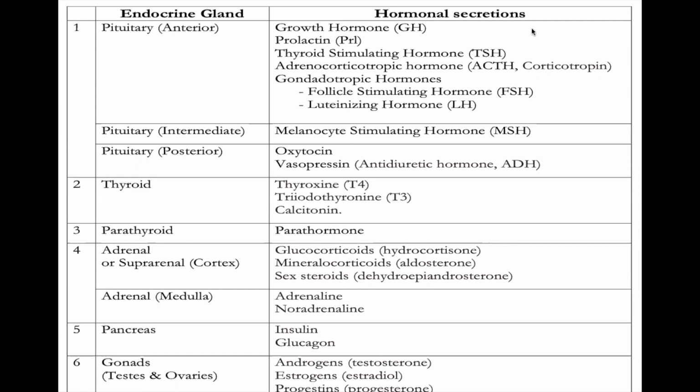It releases TSH, thyroid stimulating hormone. The anterior pituitary gland will release thyroid stimulating hormone. This hormone will reach the thyroid gland, and the thyroid will then release a hormone called thyroxine. So there is a difference between thyroid stimulating hormone and thyroxine.